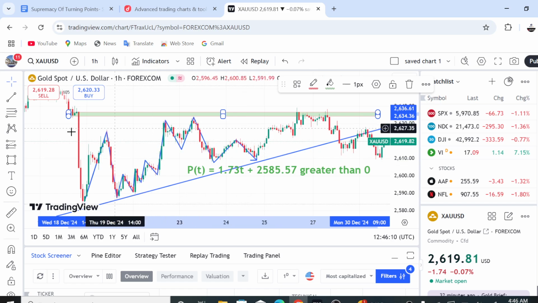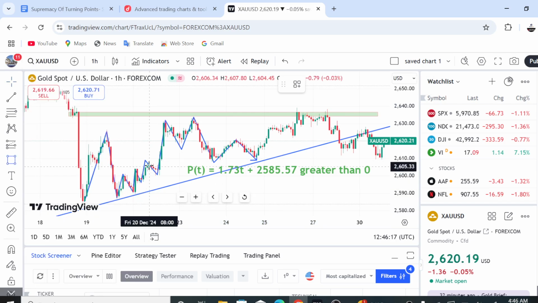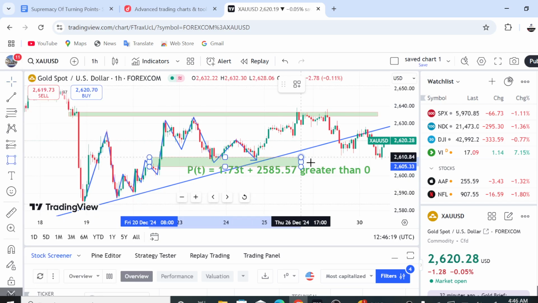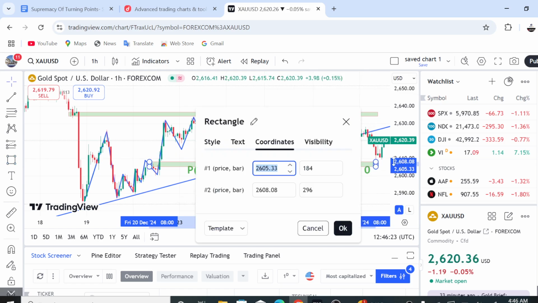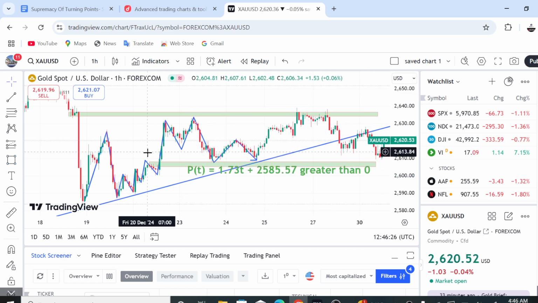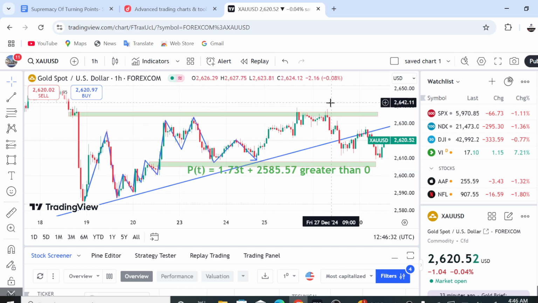Let me just make this thing more clear. It fails to take out this high, because it is failing to actually take out this high. Then we will say that this market is still going up.